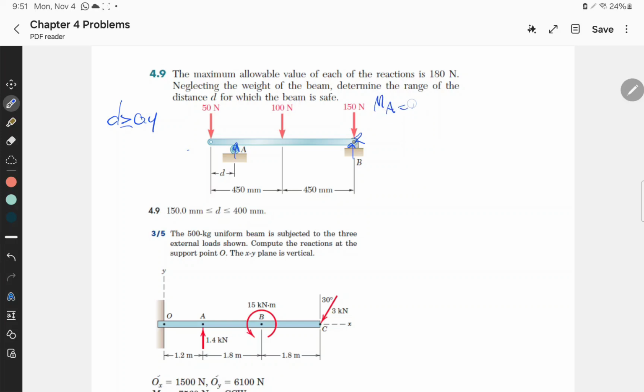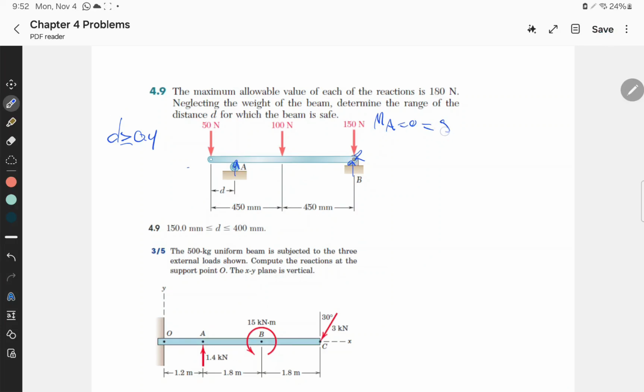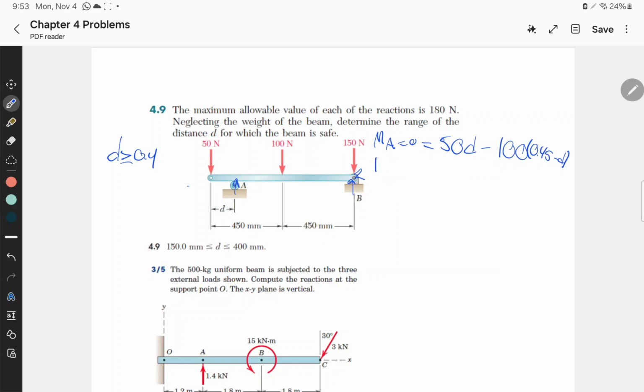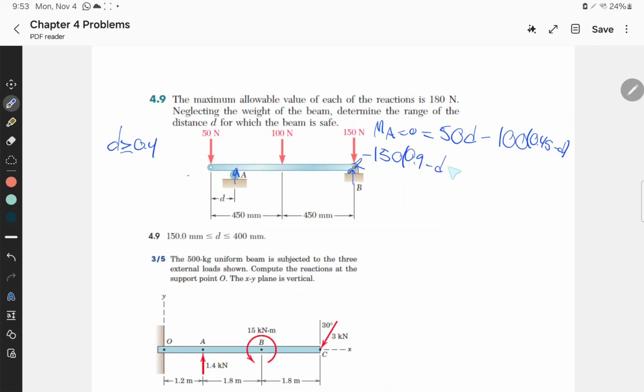Moment about A is equal to 0, equal to 50D minus, because that's the minus direction, minus 100 times (0.45 minus D), and then we're gonna do minus 150 times (0.9 minus D), and then plus By times (0.9 minus D).